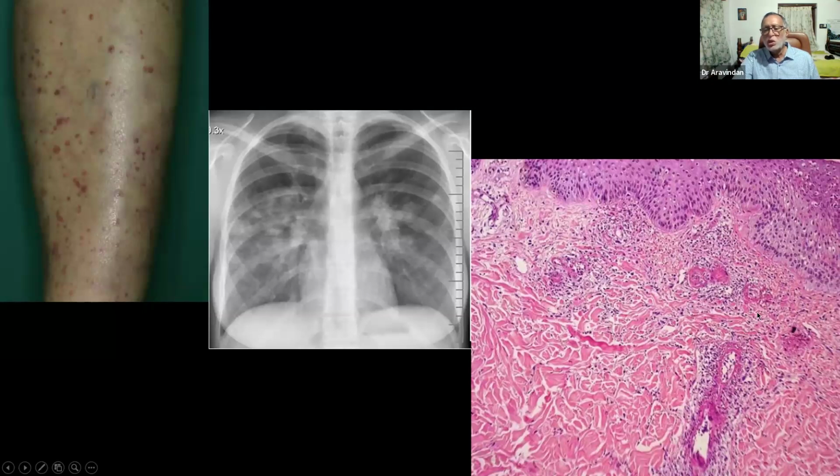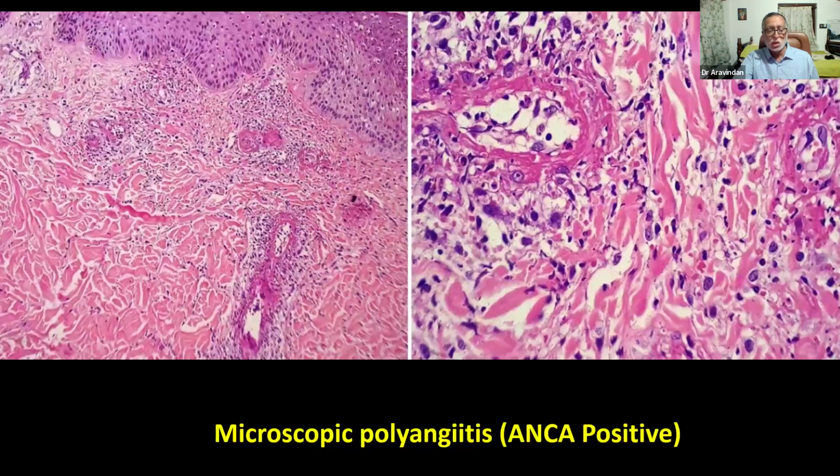And it is important to do ANCA testing to know whether it is microscopic polyangiitis, granulomatous polyangiitis, or eosinophilic polyangiitis, the so-called Churg-Strauss syndrome. So this was a microscopic polyangiitis with small thrombi in small vessels, with larger vessels also affected by the lesion. And this was ANCA positive.